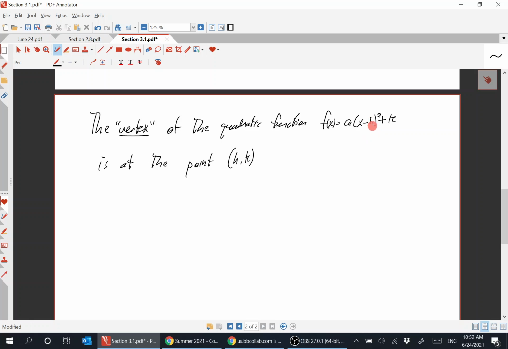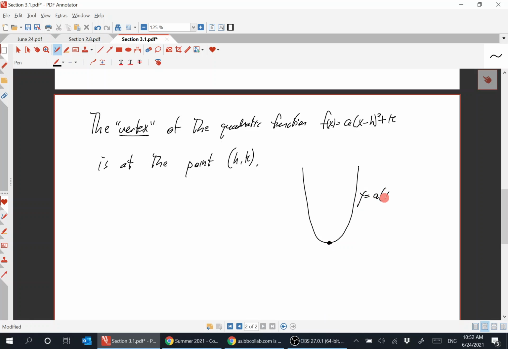So notice this is minus h. So if this is x minus 5, then h is 5. If it's x plus 5, then h is negative 5. In the k, there is no flip in sign. All right, so that's the point where the parabola turns around.